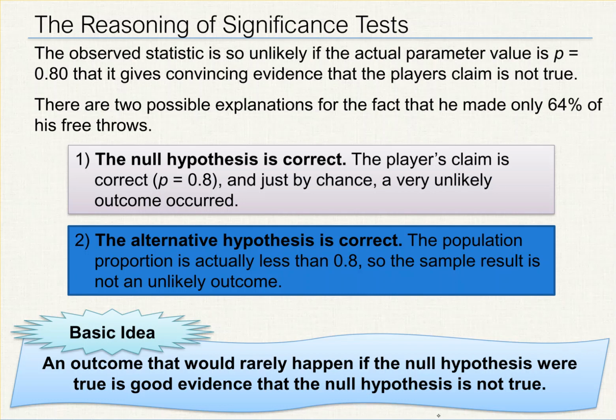It's always possible that he just went on a real big streak of bad luck. The other explanation is that the alternative hypothesis is correct, that the population proportion is actually less than 0.8, so the sample result is not an unlikely outcome.